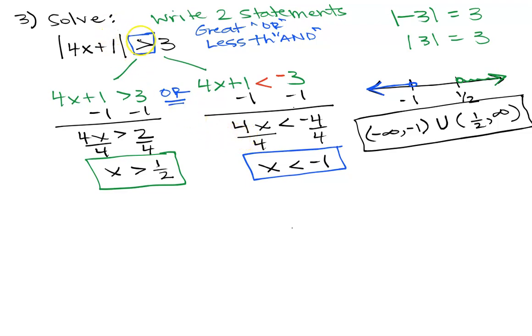If x is greater. Right here? Yes. Then it would be the or union, which is what we have. Yep. And if the sign is less than, then the end result has to be and, or intersection. That is correct. Cool. Thank you. Yep, that's exactly right.